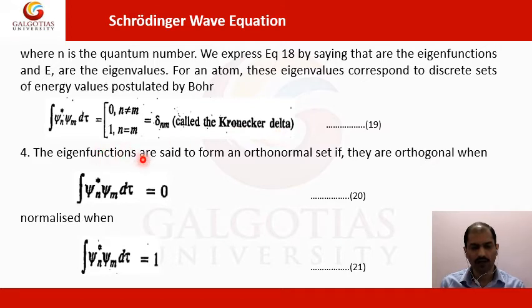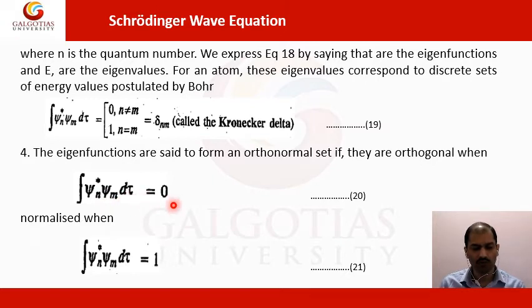The eigenfunctions are said to form an orthonormal set if they are orthogonal under a certain condition, that is, the integral of psi star n into psi m d tau equals 0.